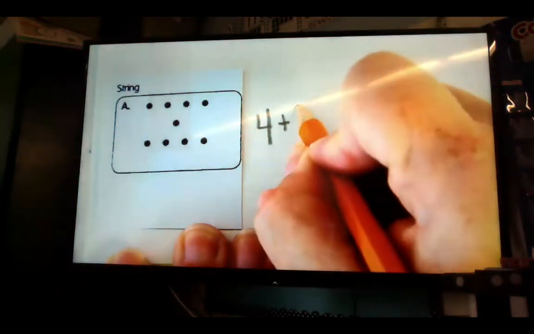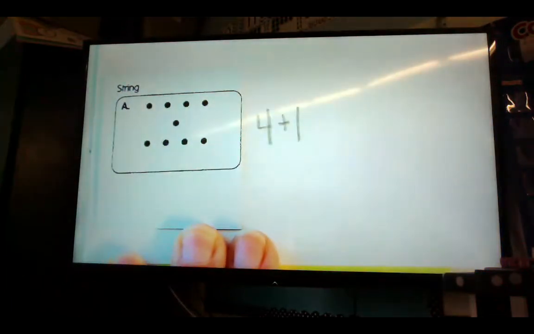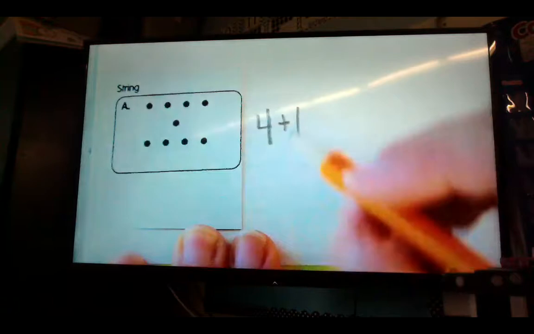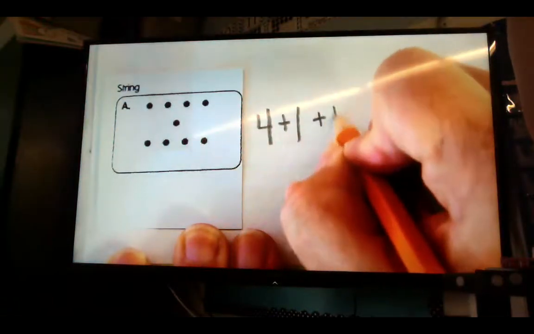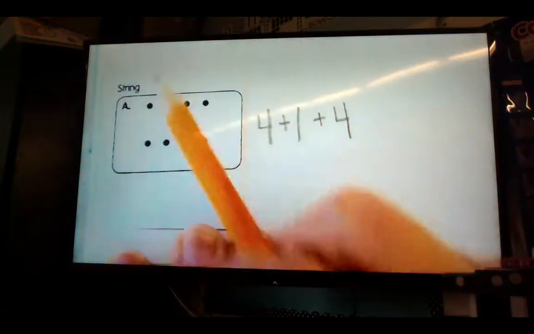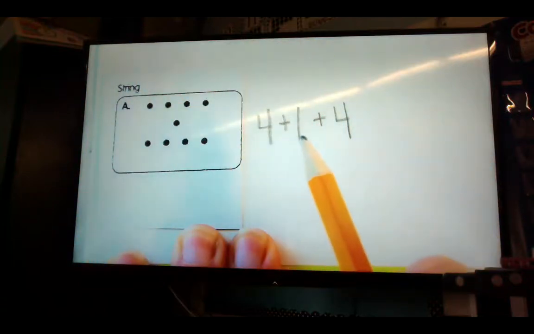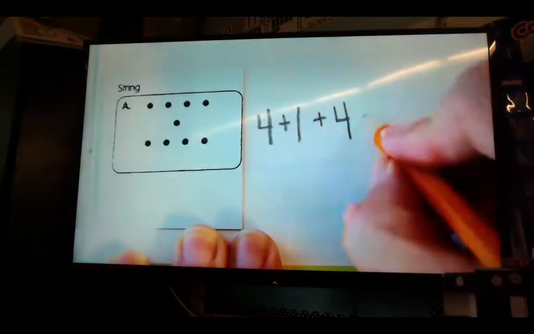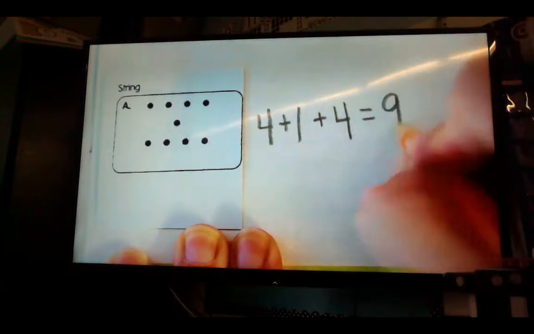I see 1 dot in the middle. And I see 4 dots on the bottom. When I count all these dots up, 4 plus 1 plus 4, that equals 9.